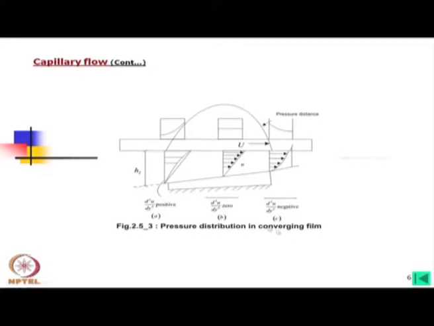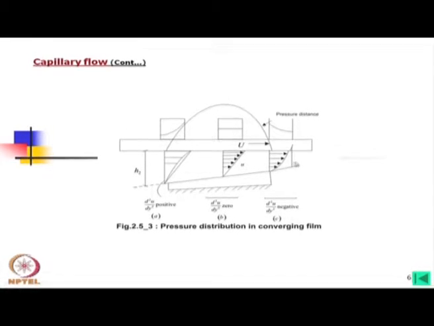Now, in this figure we have shown this converging field and the plate is moving in these directions. Then what we see is that to keep this area constant, initially there was a concave curve from this side, then straight lines, and then a convex curve.